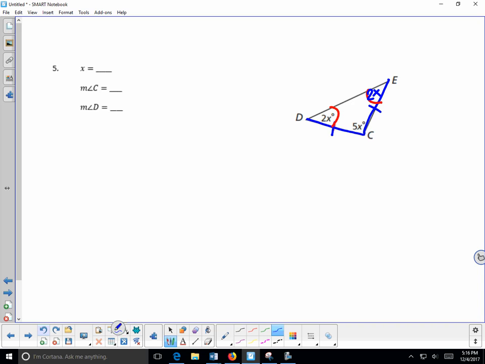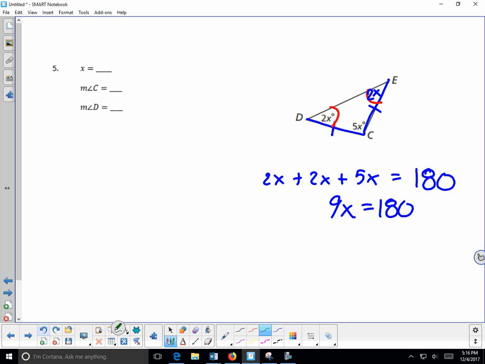So our angles are really 2x, 2x, and 5x, and those three angles are going to have to add up to 180. When we solve this, we get 2x plus 2x is 4x, plus 5x adds up to 9x equals 180. Then if we divide both sides by 9, we get x equals 20.